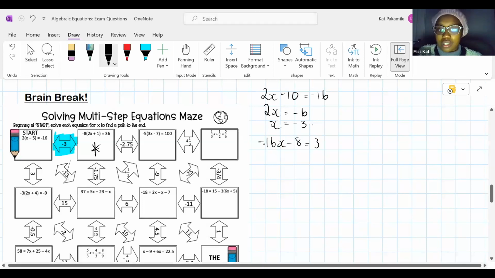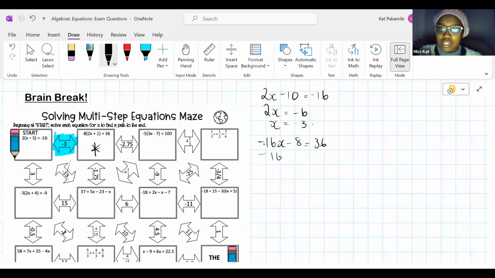So -16x will be equal to 44. Therefore, x will be -22/8, which is -11/4. That is 2 already, and 3/4. We're going left. We're still going left. What's next?